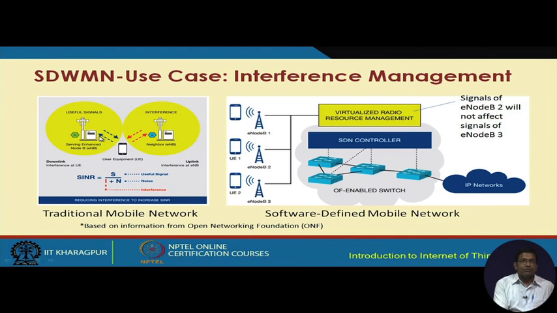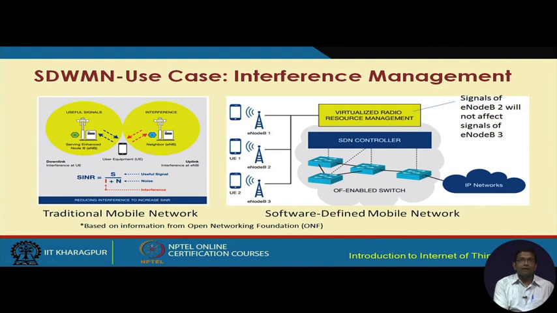But while it is doing so, it may also get affected by interference from another node. The red colored arrows show the interference, and the blue colored ones show the regular data communication.